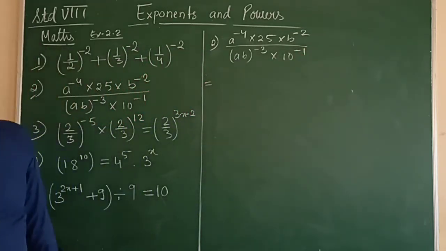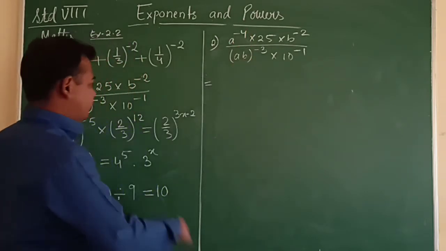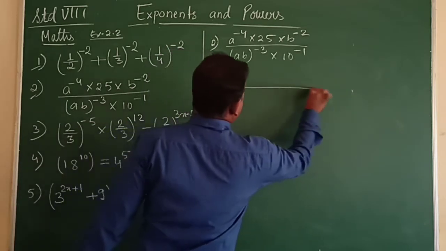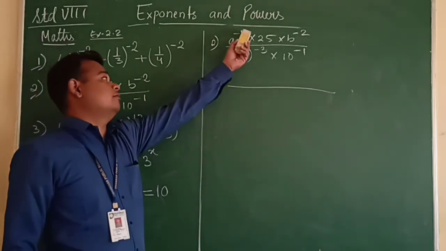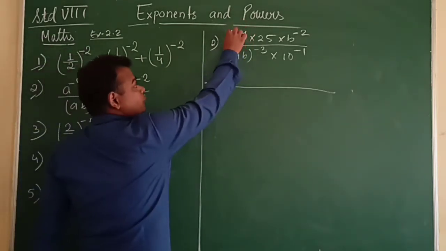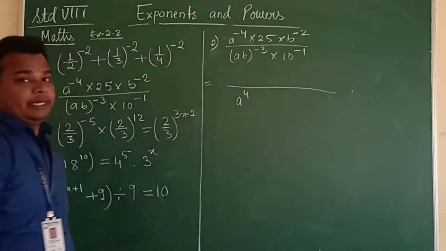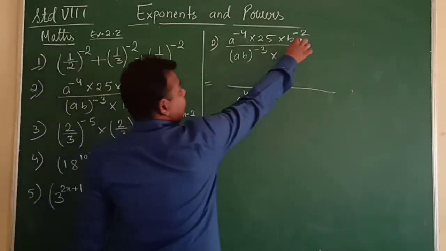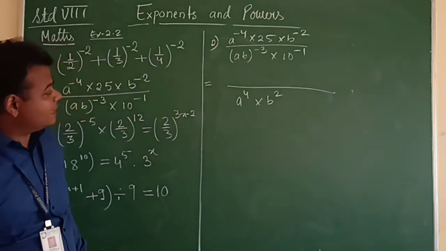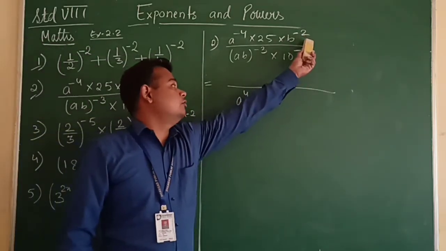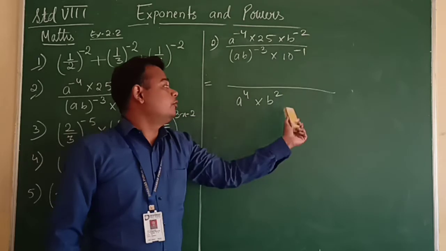As I told you in the previous question, our first motive is to convert the power from negative form to positive form. See here, this a to the power minus 4 is in the numerator. It will become a to the power 4, but from numerator it will go to the denominator. Next, b to the power minus 2 will become b to the power plus 2, again from numerator to denominator.